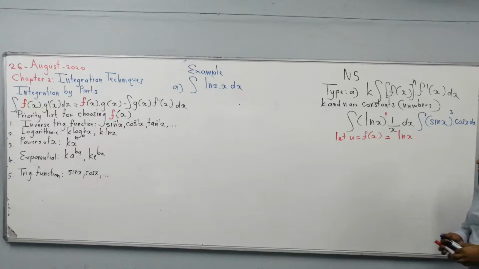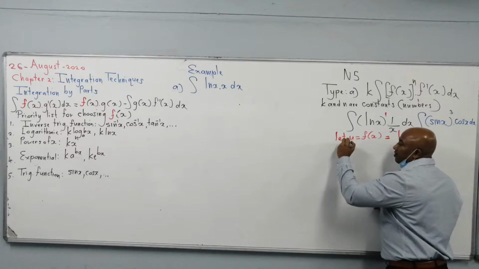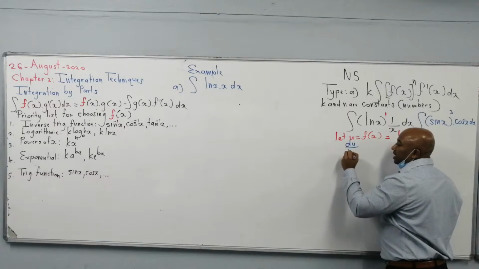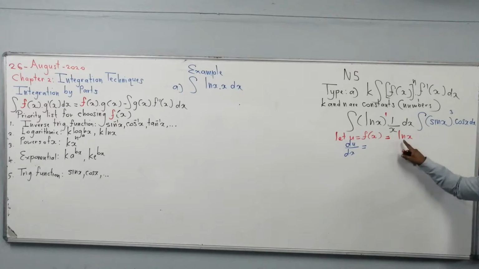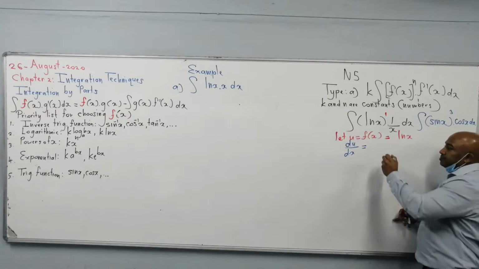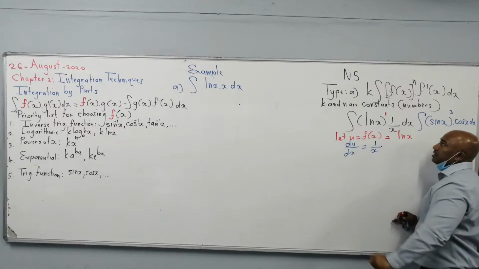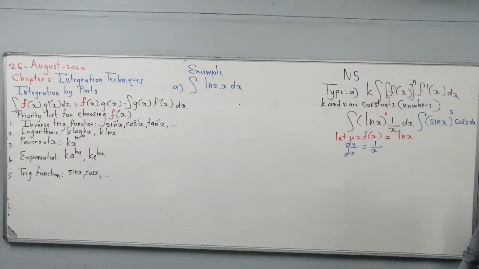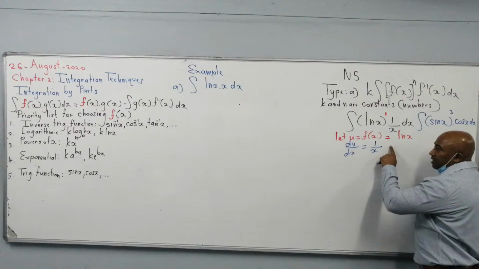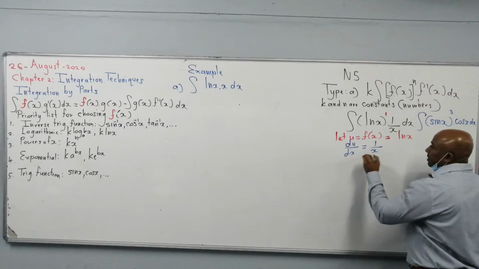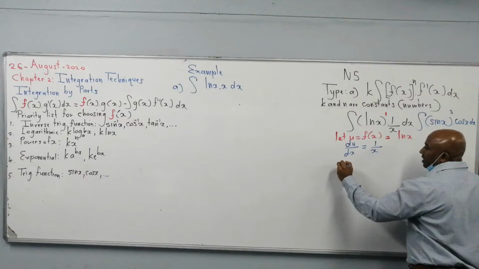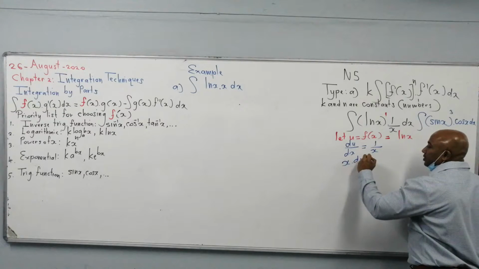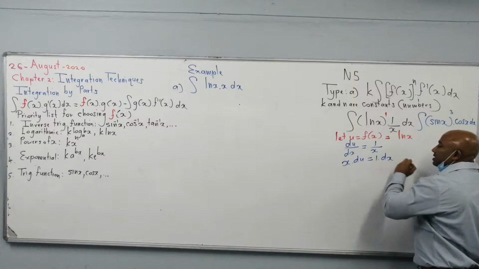Using a u substitution, if I go du over dx, the derivative of ln x is 1 over x. Now I can make dx the subject of the formula. If I cross multiply, I have x times du is equal to 1 times dx.